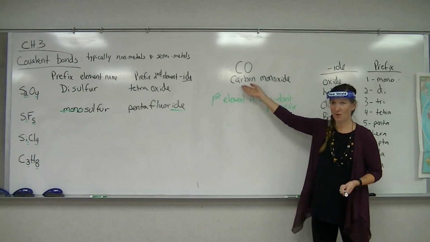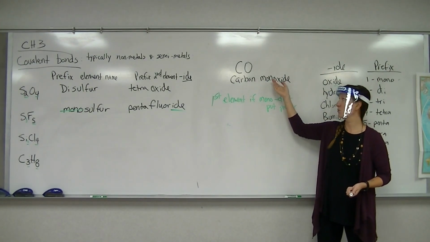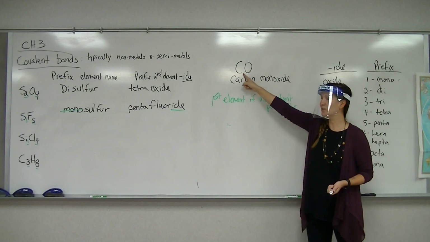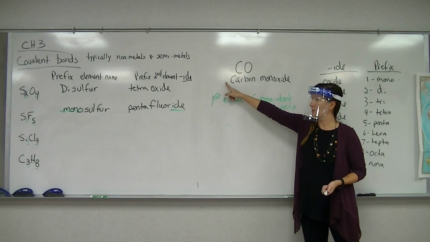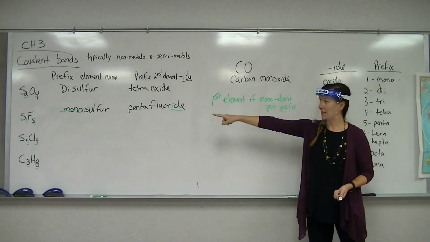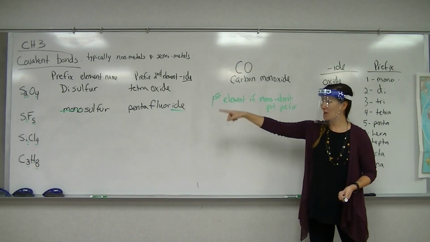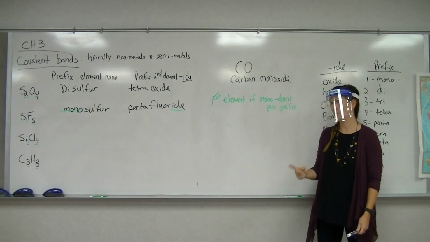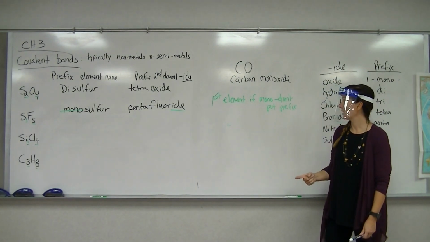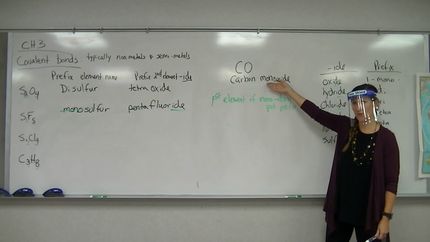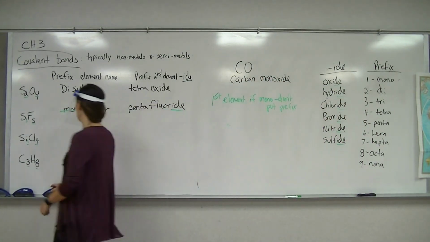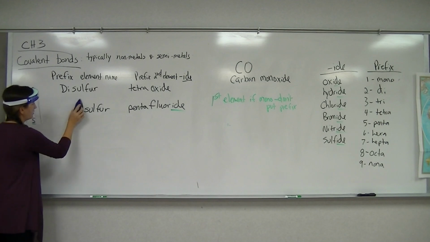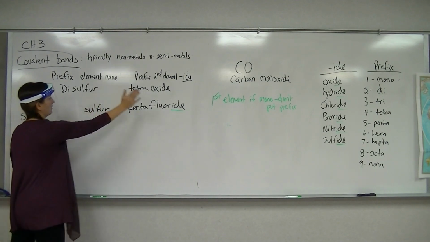We don't say monocarbon monoxide, we say carbon monoxide, because if there's only one of the first element, we don't put the mono. That same rule is going to apply to this one, because for the first element present, sulfur, there's only one, so we're not going to put the mono. We do put the mono on the second element if there's only one, but not on the first. So I'm going to erase that mono, and the actual name is sulfur pentafluoride.